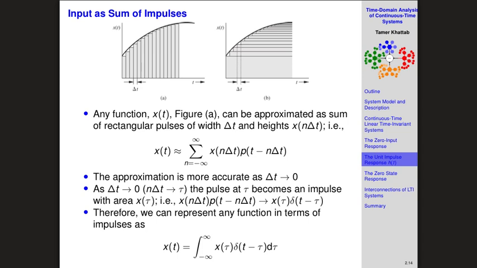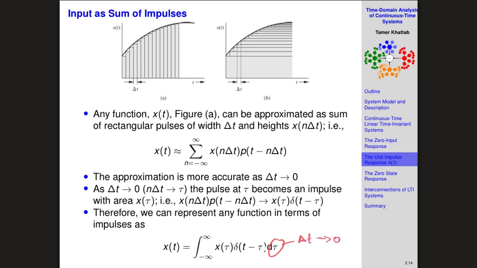Now, in order to represent this as an integration, we always need the d tau in the integral. That's delta t as delta t goes to 0, it becomes d tau.